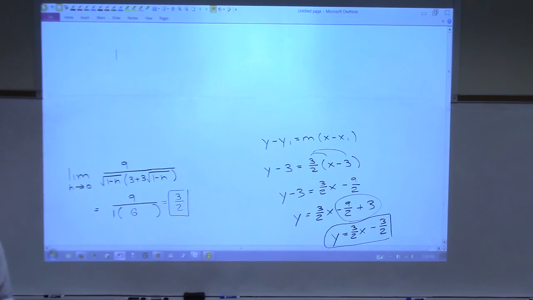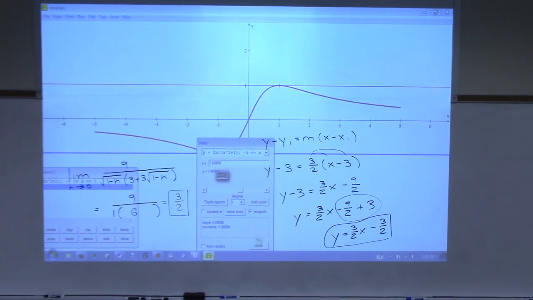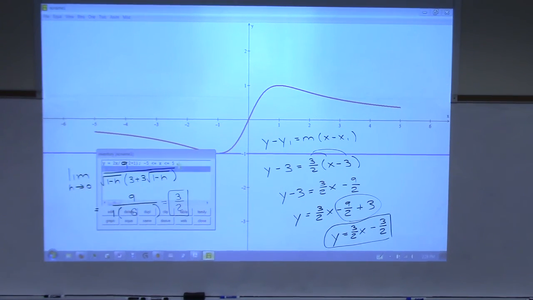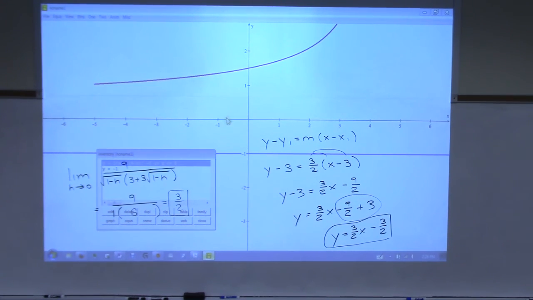Let's see. You feel good about it? Well, I guess I should be asking myself if I feel good about it since I'm the one who did it. All right, we had 3 over the square root of 4 minus x. There it is.